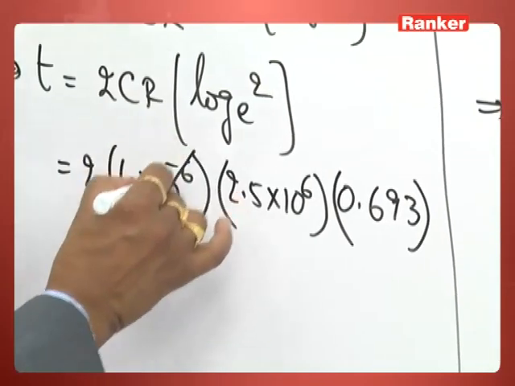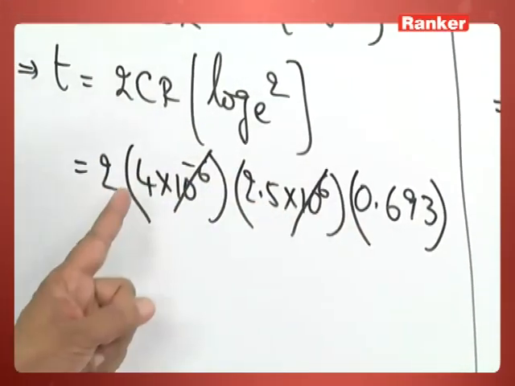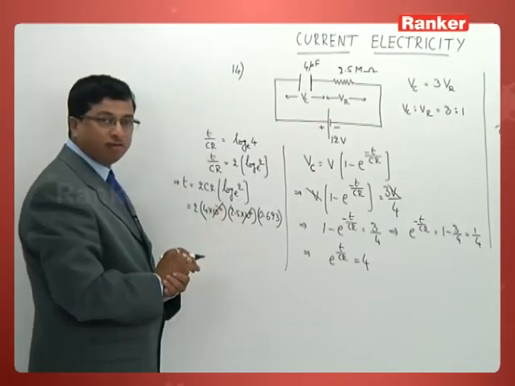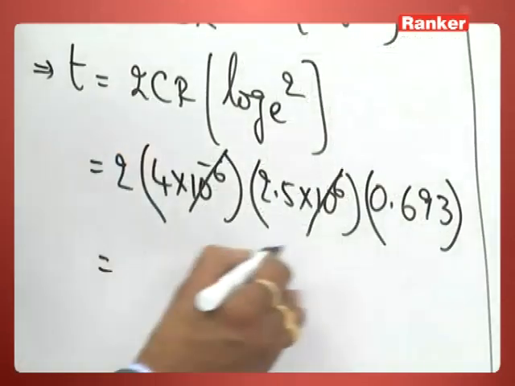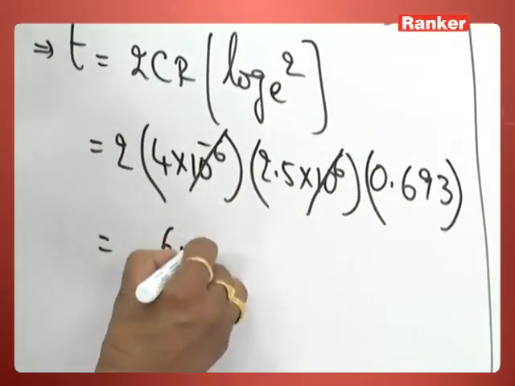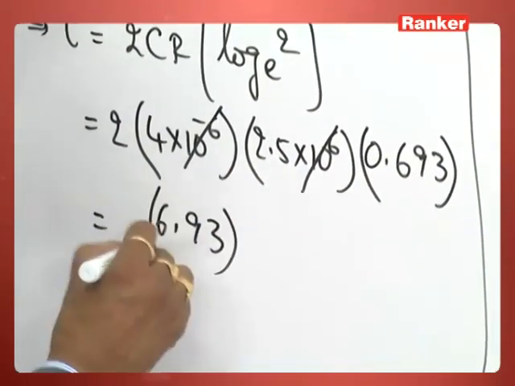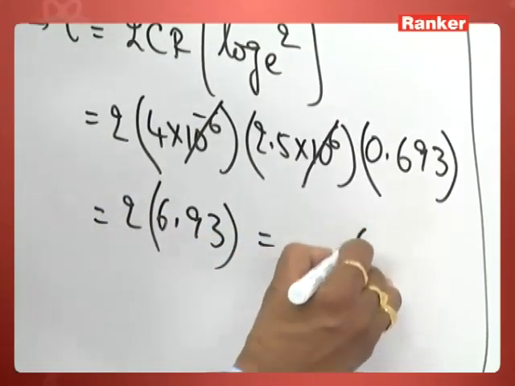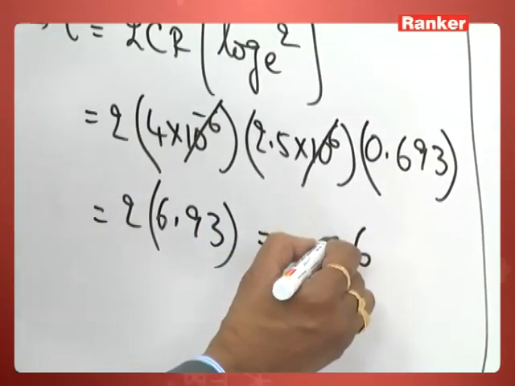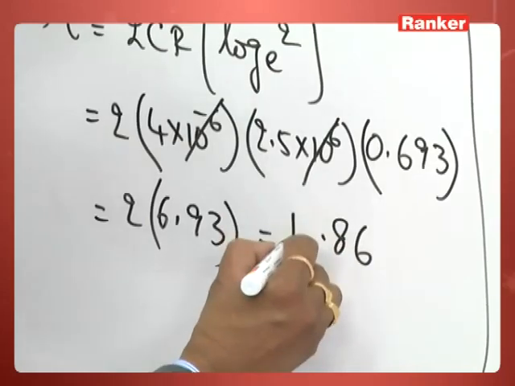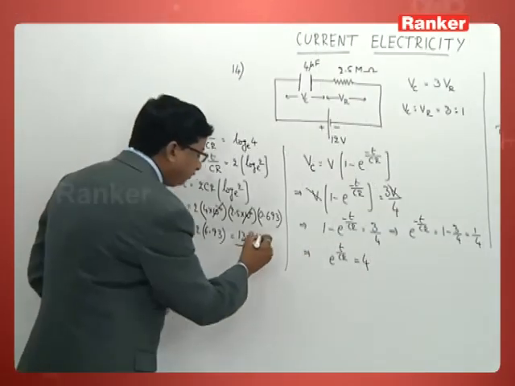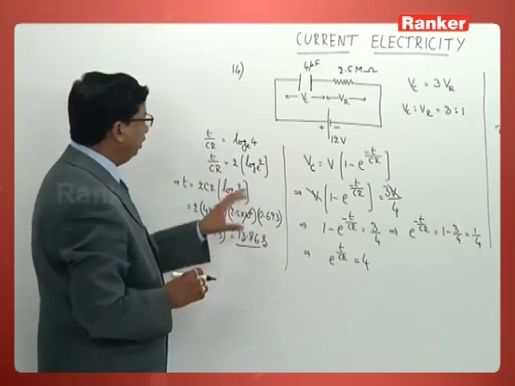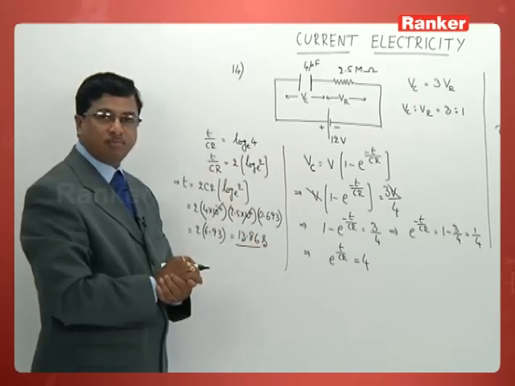Now if you multiply these two values, 4 times 2.5, it is going to be 10. So you can now write this one 6.93 into 2. So this becomes 13.86 seconds, which will be the time that is taken.